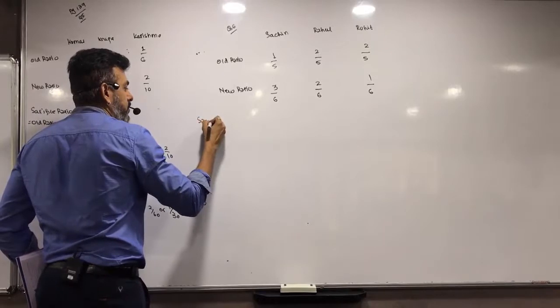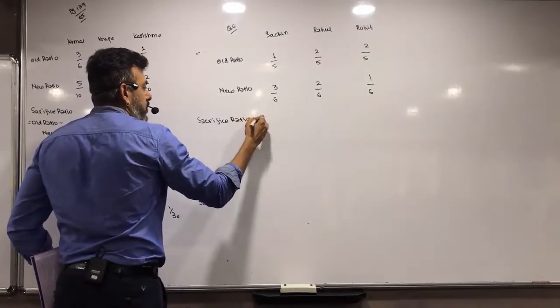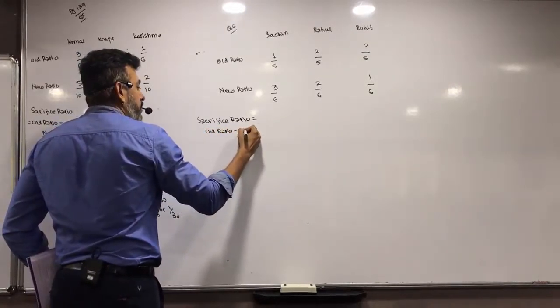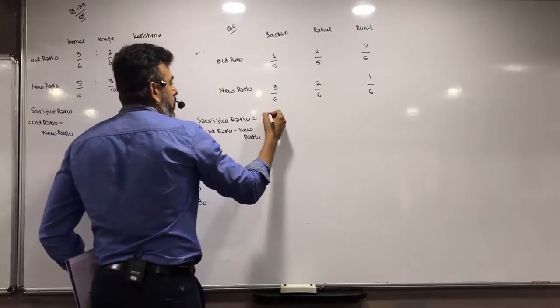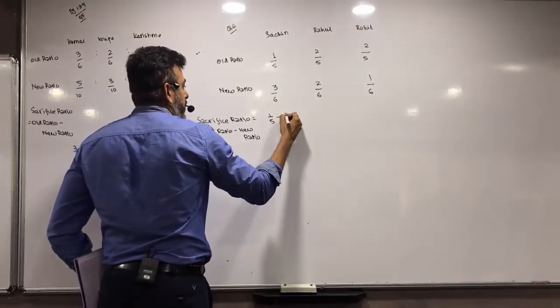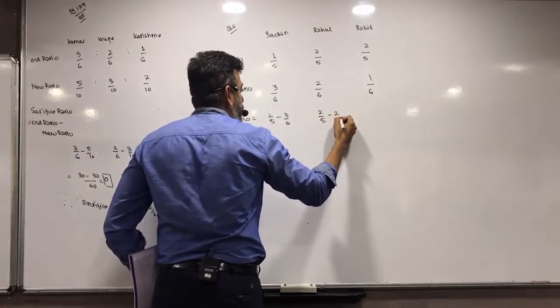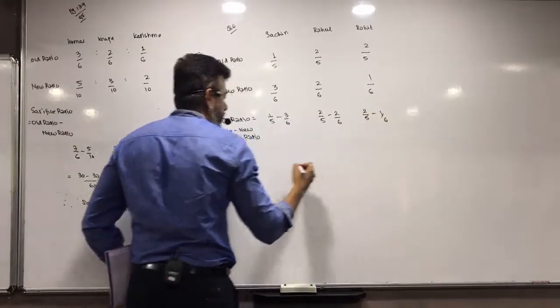Sacrifice ratio is equal to old ratio minus new ratio. So 1 by 5 minus 3 by 6, 2 by 5 minus 2 by 6, 2 by 5 minus 1 by 6.